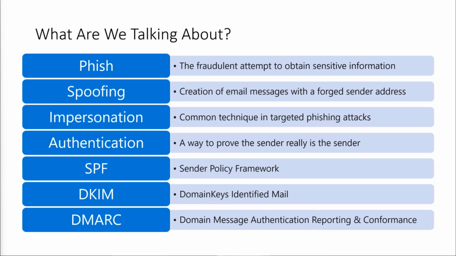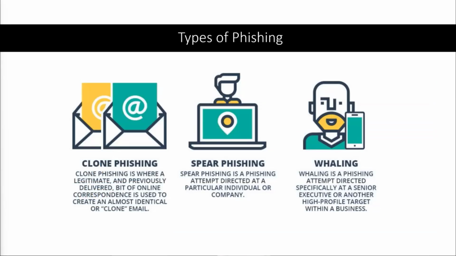So what type of phishing attacks do we see out there? Some of them might be clone phishing. It could be that they're hooking into a correspondence of emails that is already there and trying to clone an existing conversation, so it looks almost like the actual email that was sent. They clone the conversation and try to follow up on a conversation that might already have been closed on email.